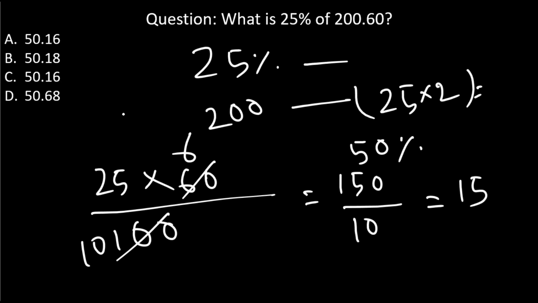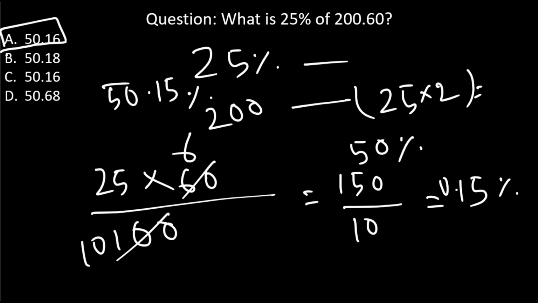So 50.15%. Matching with the answers, A and B can be the same, so here is a mistake. One of the answers must be 50.15%.